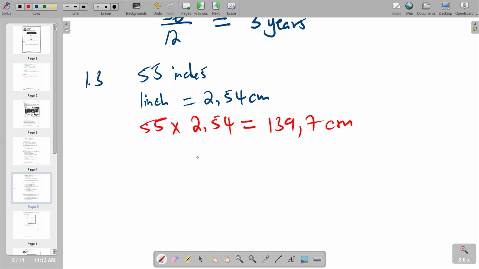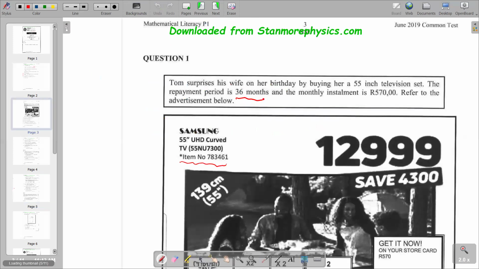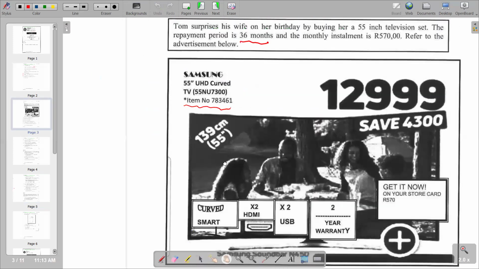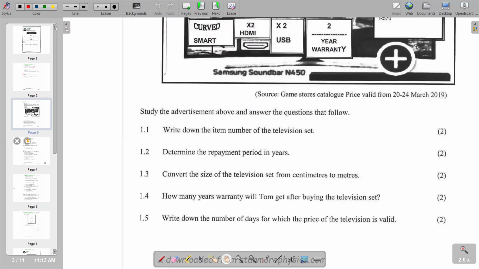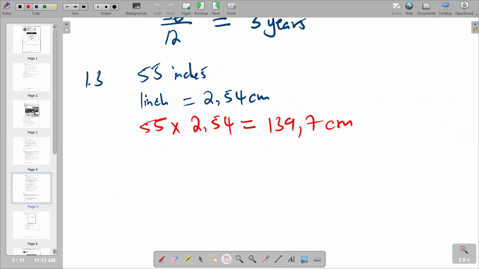Then we have to convert this to meters now, as indicated in the question. Our question is saying we have to convert centimeters to meters. So with that, we can say 1 meter is equal to 100 centimeters.